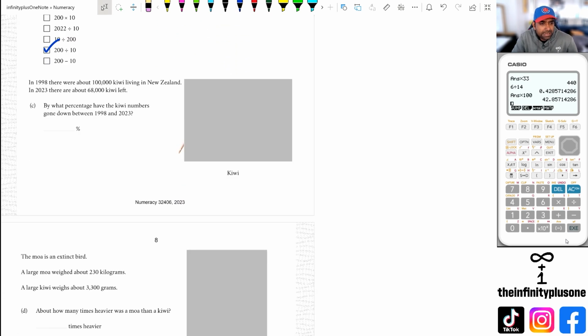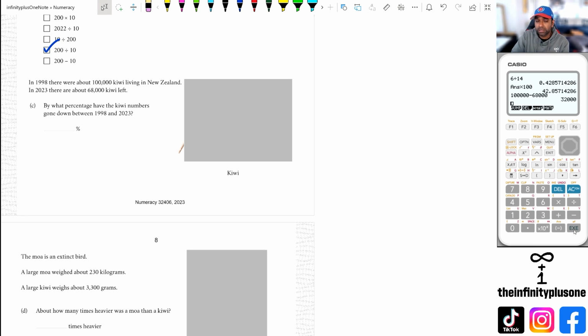Next question, question C. In 1998, there were about 100,000 kiwi left living in New Zealand. In 2023, there are about 68,000. By what percentage have the kiwi numbers gone down between 98 and 2023? First, we've got to figure out how much the number has reduced by. We go 100,000 minus 68,000, and that gives us 32,000.